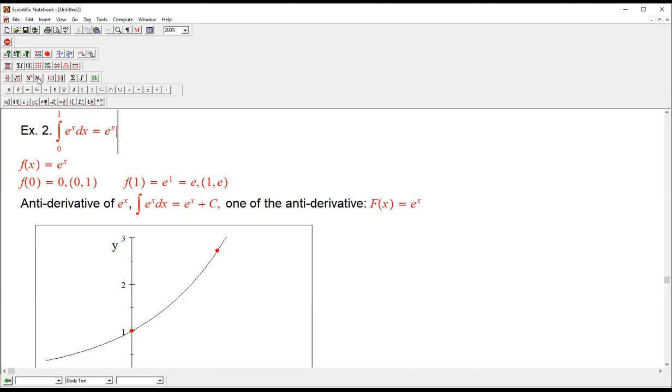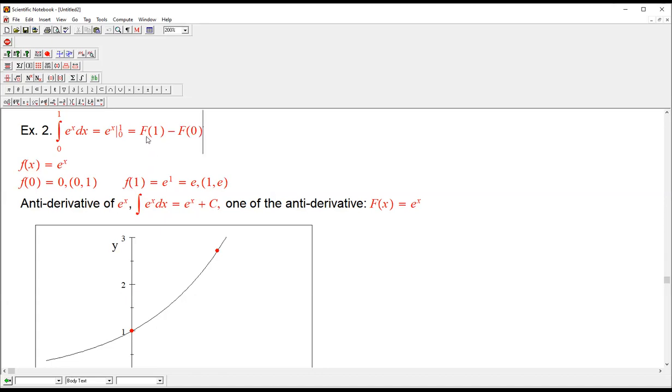I'm going to evaluate the antiderivative at the lower number, which is 0, and the higher number on the other end of the interval, which is 1. So this is a common expression: the function is the antiderivative, and that equals capital F of 1 minus capital F of 0.